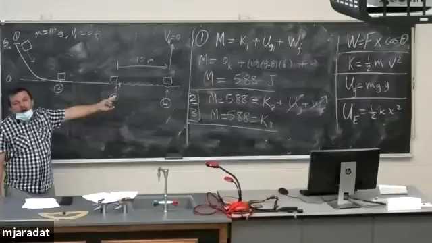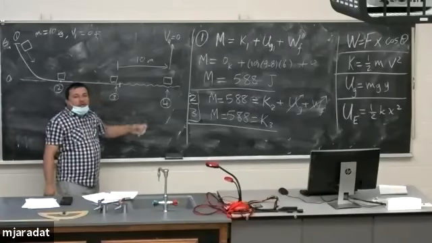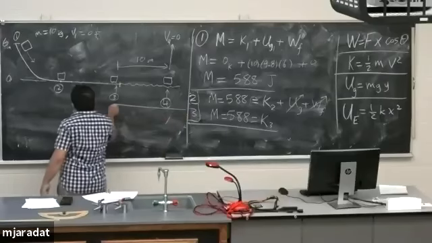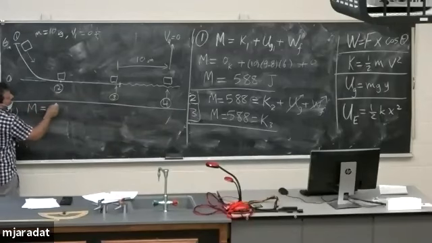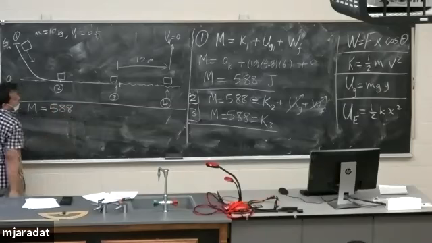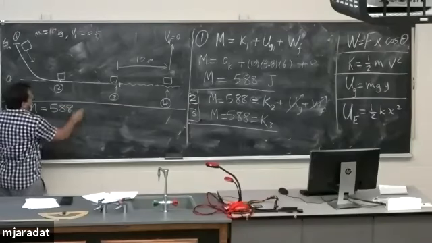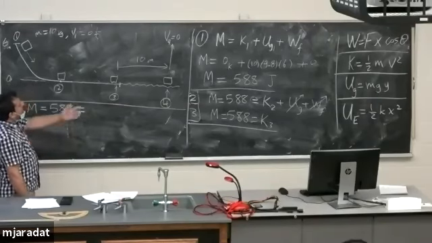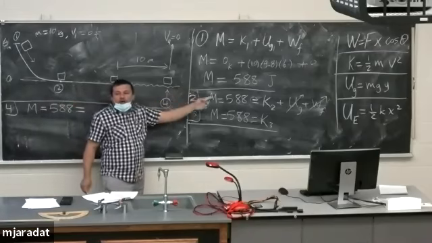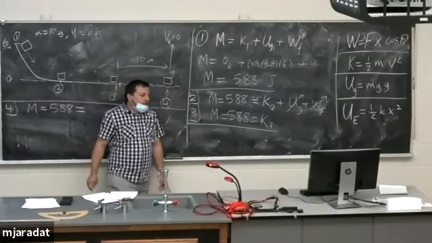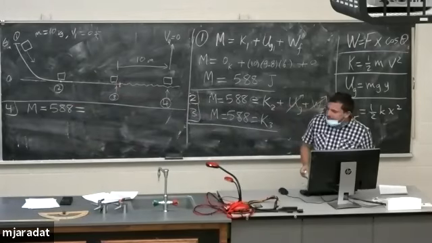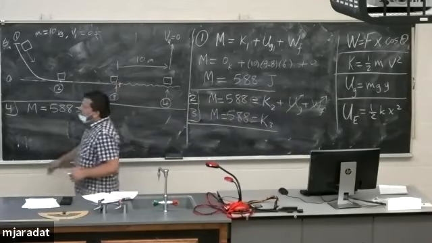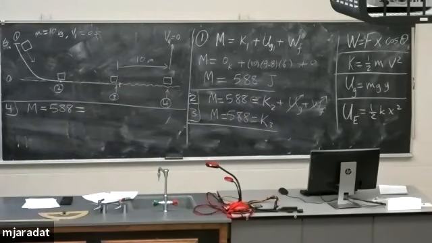Now I need to talk about the last position. At point number 4, it is simple. The mechanical energy at point number 4 is still 588. It is equal to the kinetic energy at point number 4. How much is it? Please answer me online. I'm waiting.